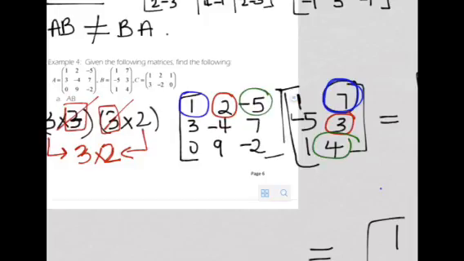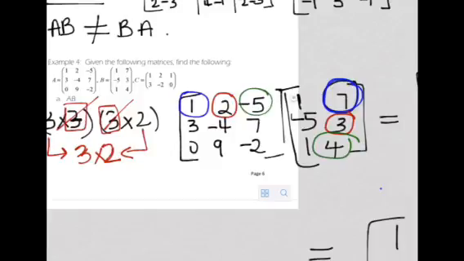And then C, 1, 2, 1, 3, negative 2, 0. Okay, that's huge. What is the size of B?